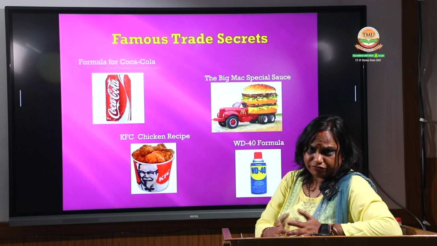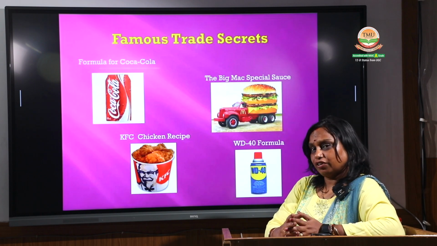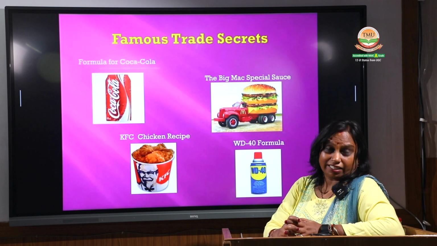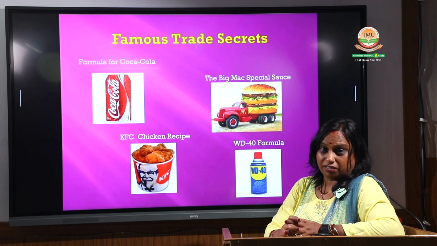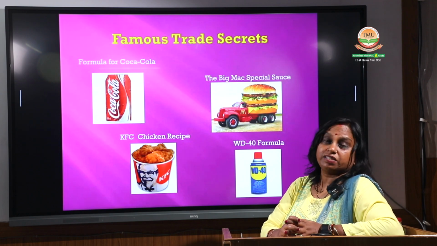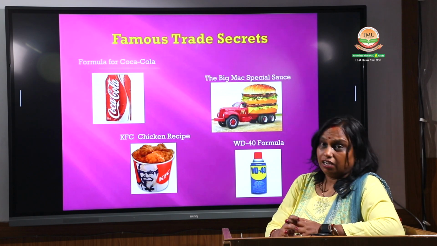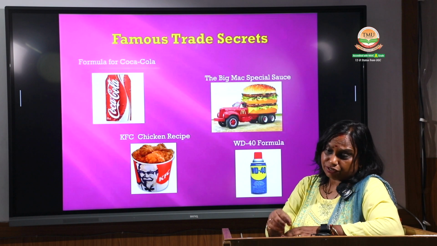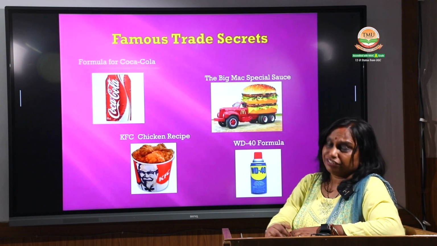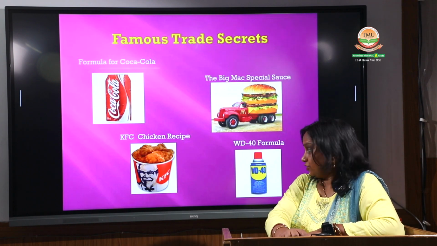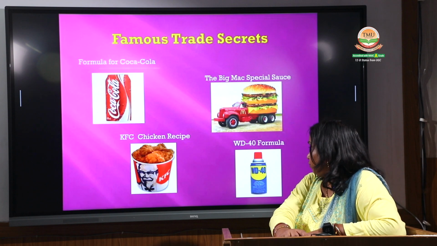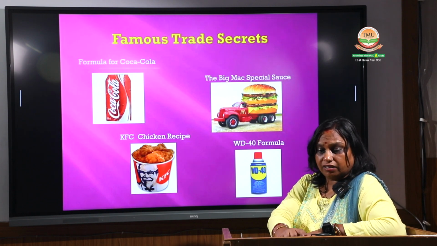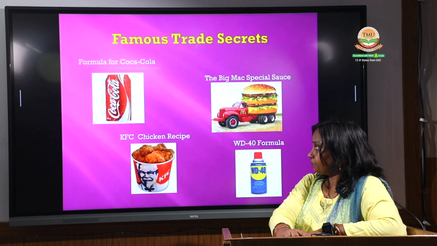KFC is also very famous in India, especially for the non-vegetarian people. They claim that they use some special herbs. These herbs are very confidential among the people of the company, and they never disclose them. Because of this confidential information, they have a competitive edge. And the WD-40 formula, this is a washer. So this is also a trade secret.